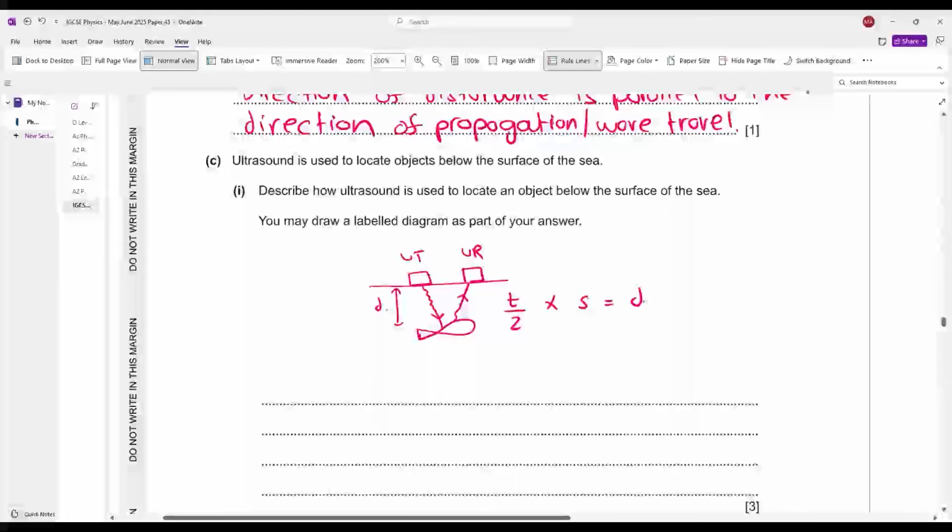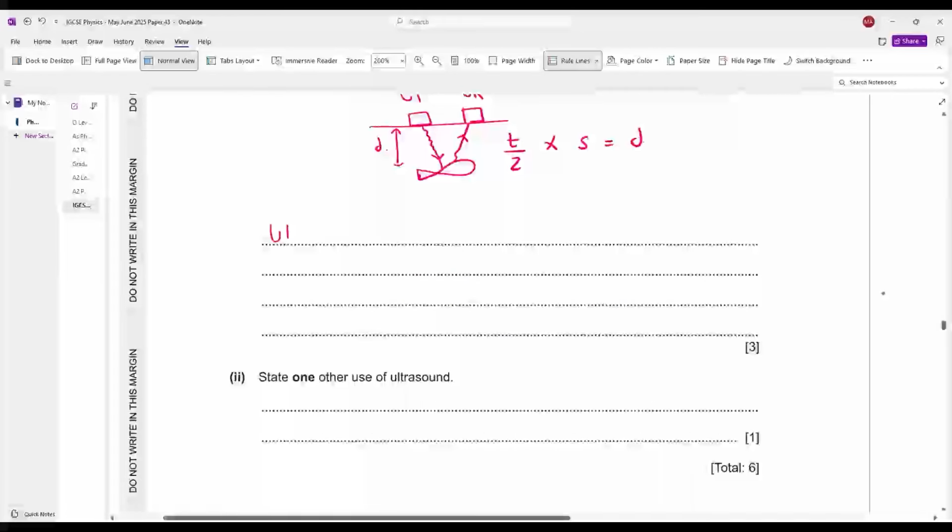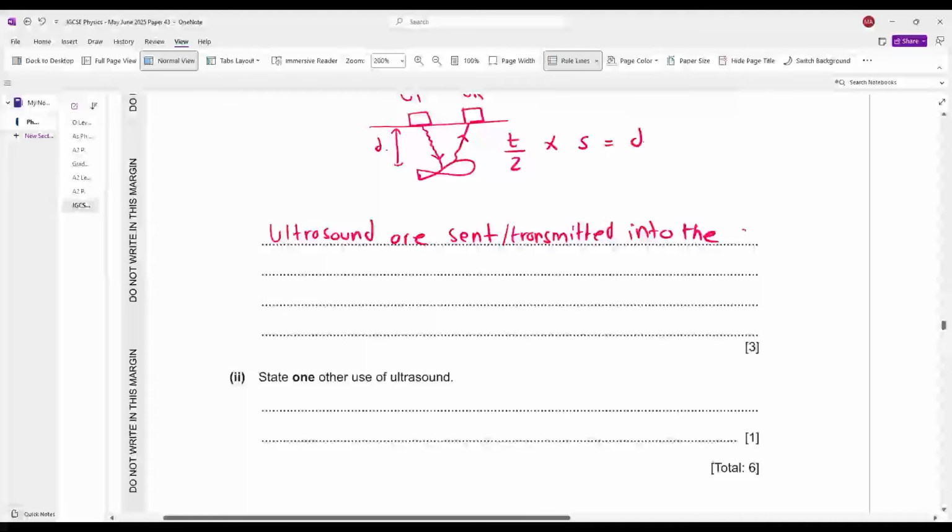Describe how ultrasound is used to locate an object below the surface of the sea. How will you start your answer? You will say ultrasounds are transmitted into the sea, and they get reflected by the object.